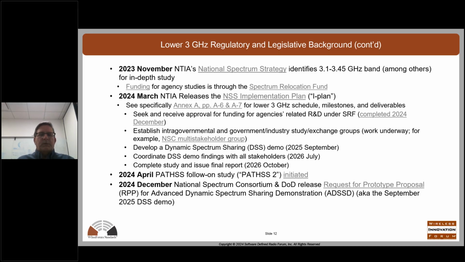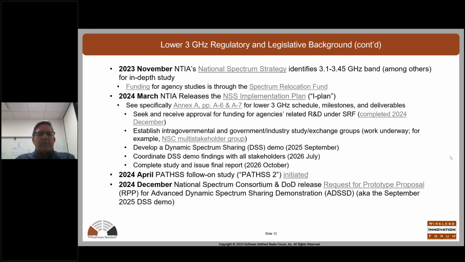So really not much time to get that done. Then they would coordinate the findings from that demonstration with all of the stakeholders by July of 2026, and they would issue a final report by October of 2026. So this is kind of the schedule, a very tight timeline we're operating under.